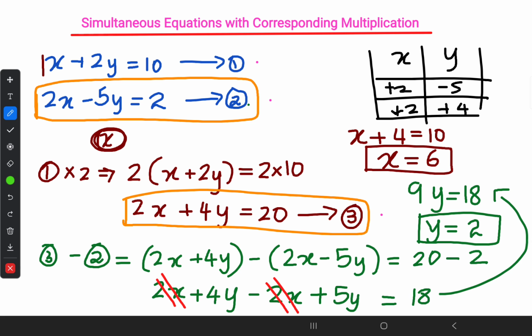I will do a quick recap first. It is not compulsory to multiply both equations always. Sometimes multiplying only one equation is totally enough. In the first case, we had x plus 2y. I am concerned only about the x values, which are 1 here and 2 here.